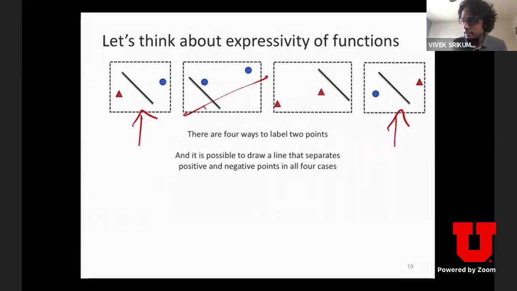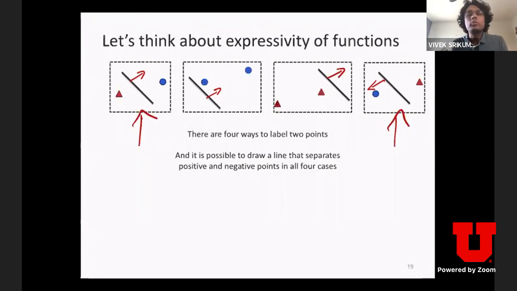So there are many such lines. Let me imagine that the line always points towards the circles. So there are 4 ways to label these 2 points, and in every single case, we can draw a line that separates the positive and the negative points.